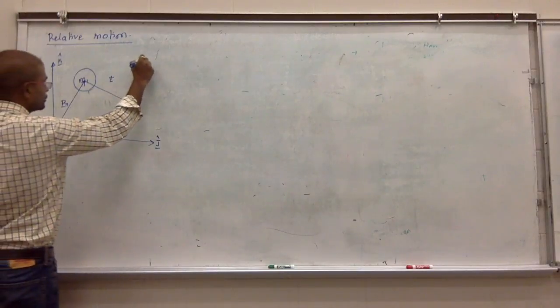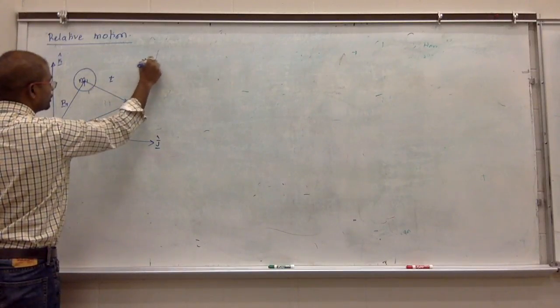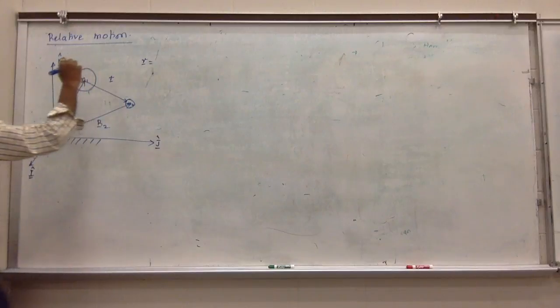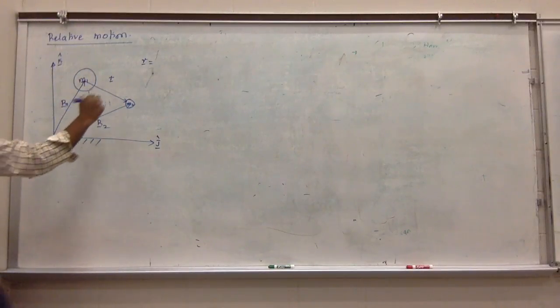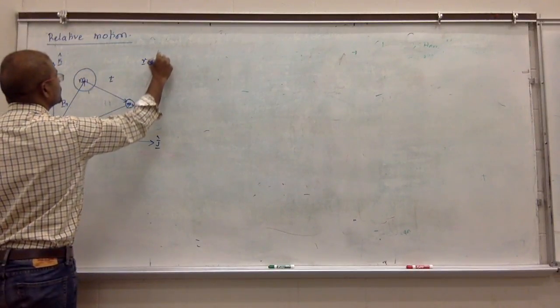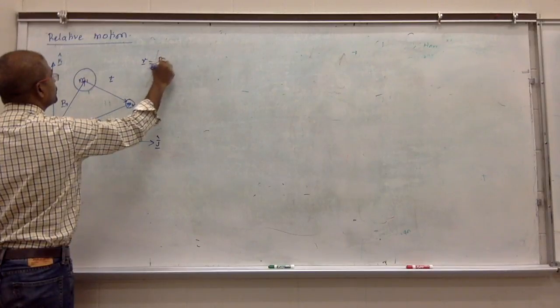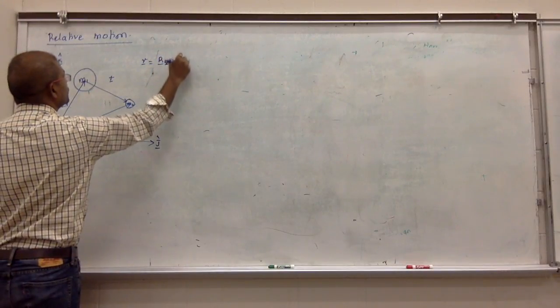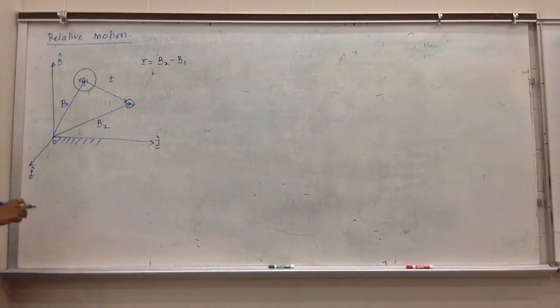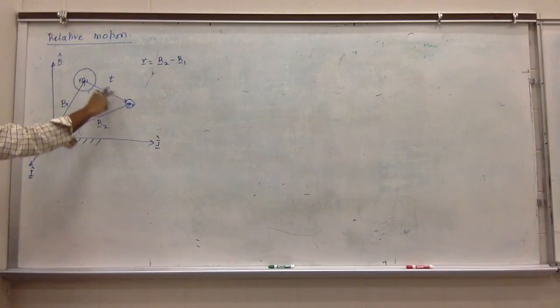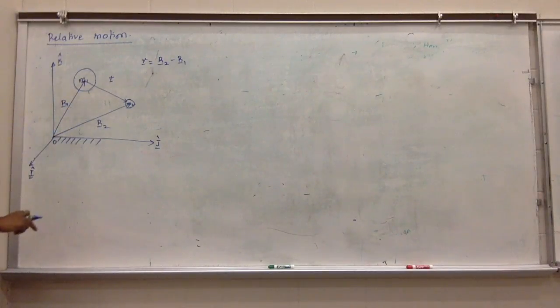Now what is R? How would you represent R in terms of vectors? In terms of r1 and r2? R2 minus R1. Does this make sense? You see, r1 plus this R is equal to r2, right?